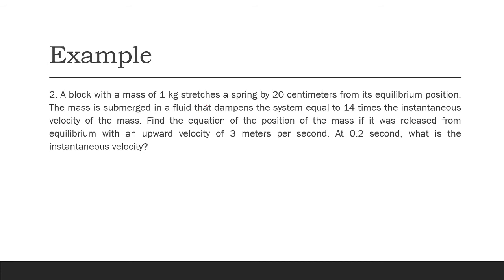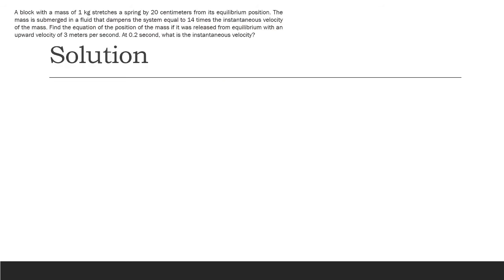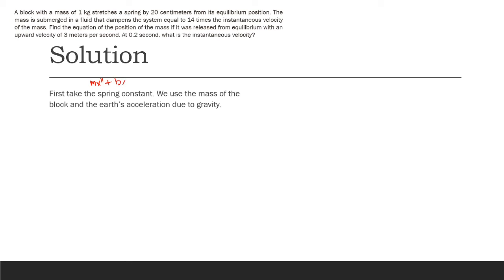At this point, class, this is already the fourth problem we are solving about springs. We should have an idea by now, right? We are familiar with how to identify the givens. So let's solve. First, remember our equation is m x double prime plus b x prime plus kx is equal to 0.